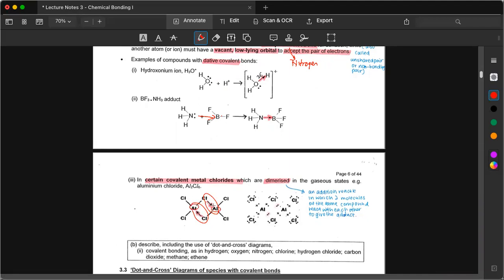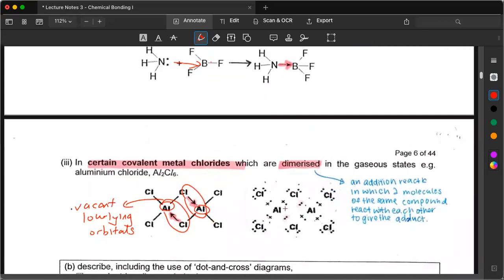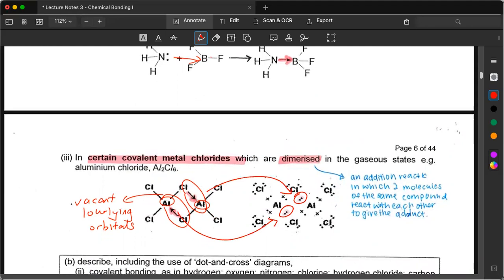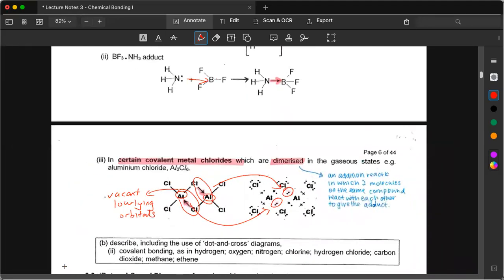Aluminium has a vacant, low-lying orbital to accept the pair of electrons from chlorine. So if we examine the dot and cross diagram, this is how it looks. Right? Okay, let's move on.